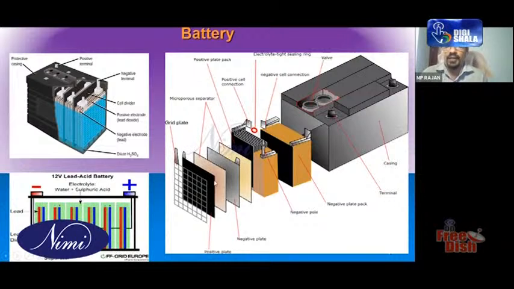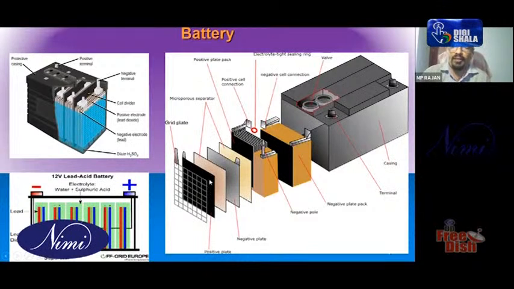But in some batteries, tubular positive active materials are there. It is in tubular form, not in plate form. Many small tubes are arranged in a rectangular frame. So that is called tubular. Sometimes on the battery you can see the manufacturer indicating tubular battery.